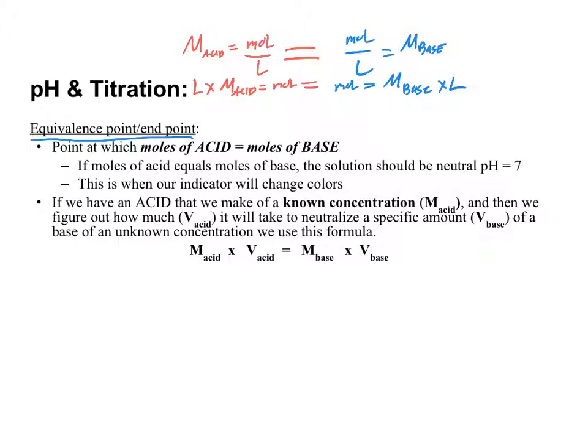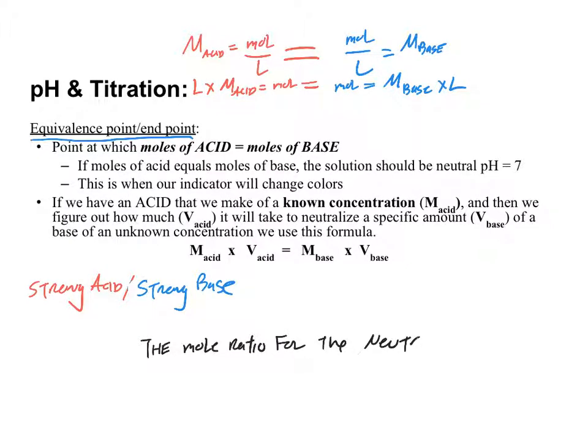So if we were working with a strong acid and a strong base, we can use the titration formula above as long as the mole ratio for the neutralization reaction is 1:1 for moles of acid to moles of base.